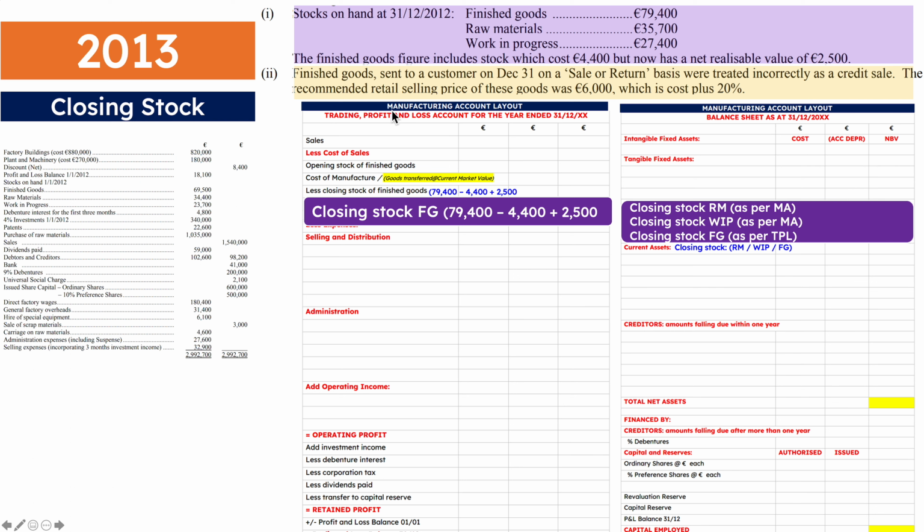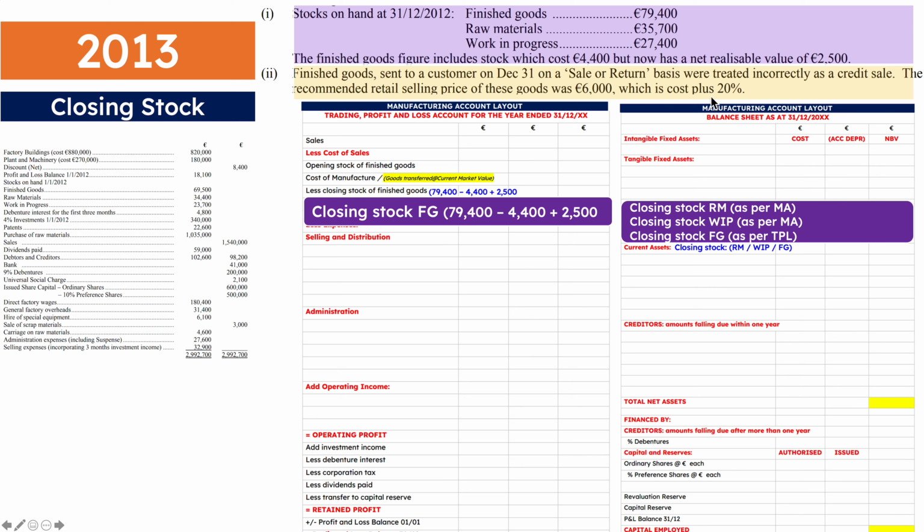Then we have finished goods sent to a customer on December 31st on a sale or return basis were treated incorrectly as a credit sale. The recommended retail selling price of these goods was 6, which is cost plus 20. Okay, so we then take our finished goods, and we add the cost price of those goods back, because the bookkeeper should never have recorded this as a credit sale.